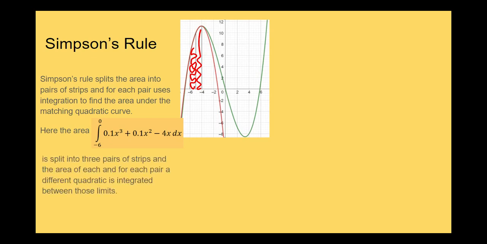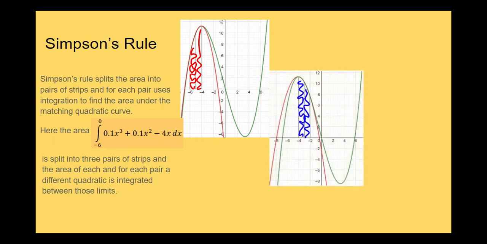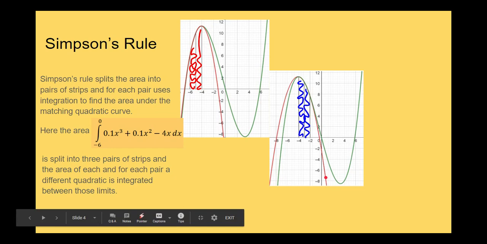So what we do, we actually split it into further pairs of strips. So there's our second pair, blue area, between -2 and -4. And what you notice is the quadratic that we formed on this one, the red curve, is different from this quadratic that's been formed for our second pair of strips.